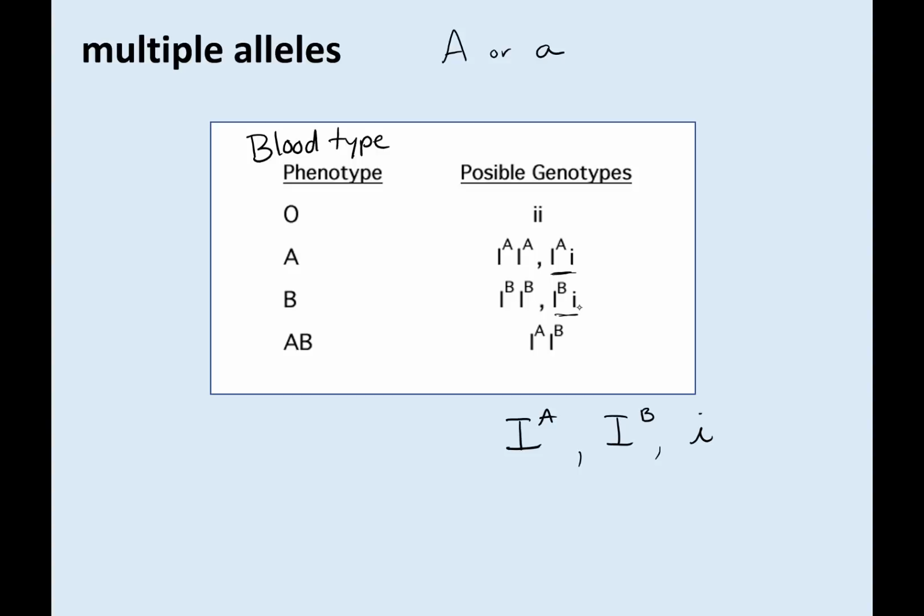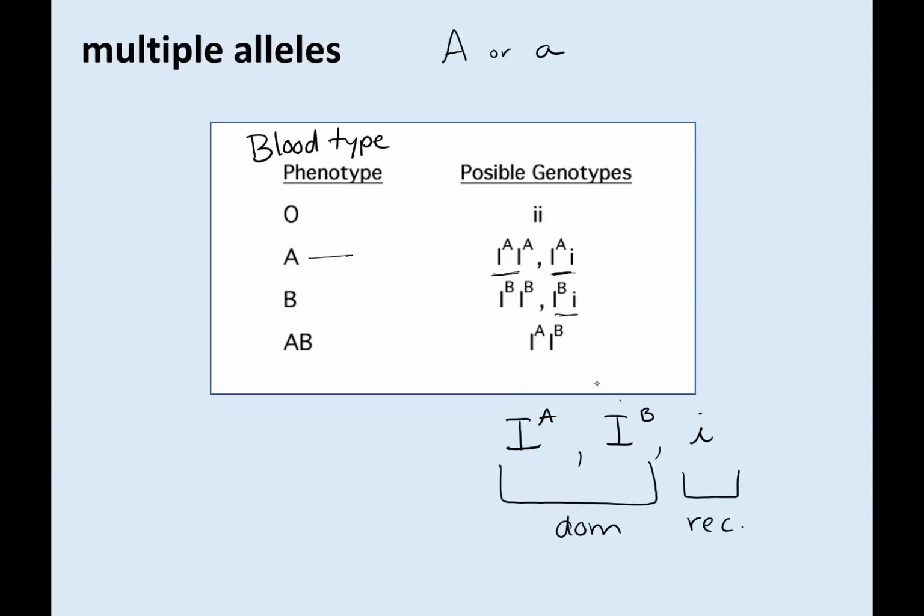Okay. The Punnett squares are exactly the same, but when you interpret the phenotype, you have different possible genotypes to equal the same phenotype. What's interesting about blood type is the reason we write it capital I superscript A, capital I superscript B, is these are in fact dominant and the little i is recessive.